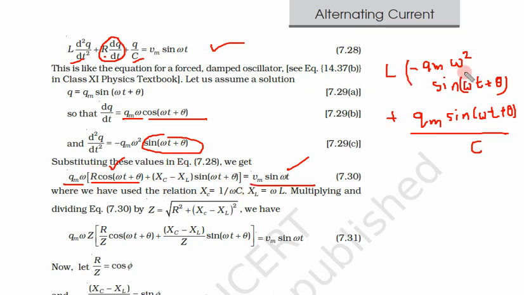So from this, let us take sine omega t plus theta common. What do we have inside the bracket? Minus qm omega square L, and this qm by c.